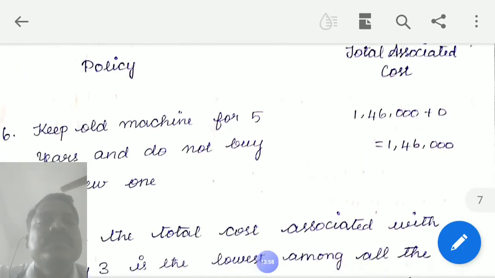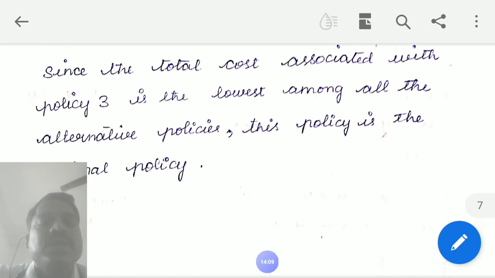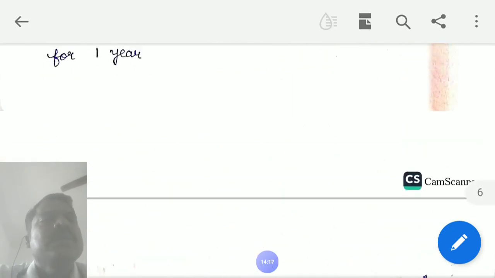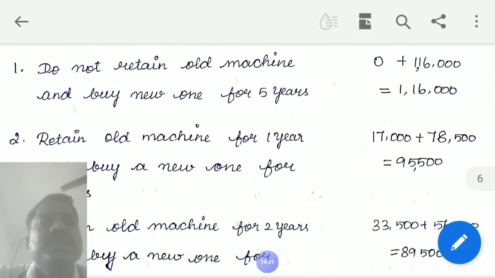Therefore, the total cost associated with policy 3 is the lowest among all the remaining 6 alternative policies. This policy is the optimal policy. How is policy 3 the best one?